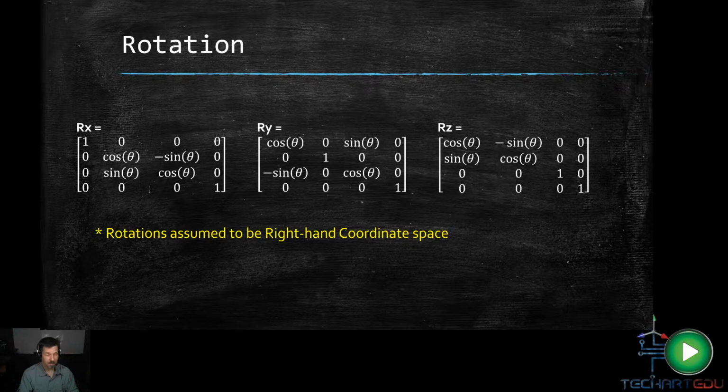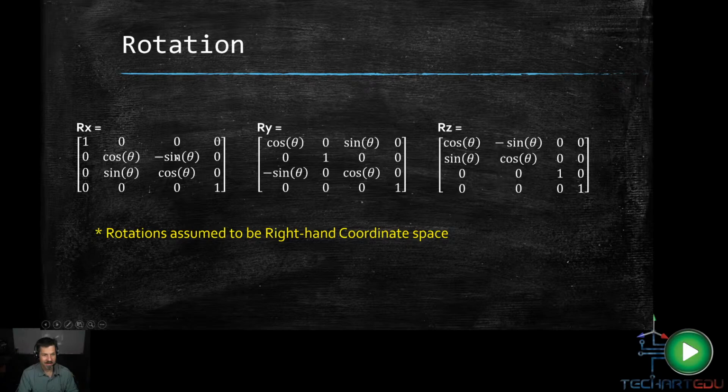So you've got some angle that you want to rotate around the x-axis. The x rotation matrix is 1 on this corner, and inside of the rest of these is cosine of the angle, minus sine of the angle, and then cosine of the angle.